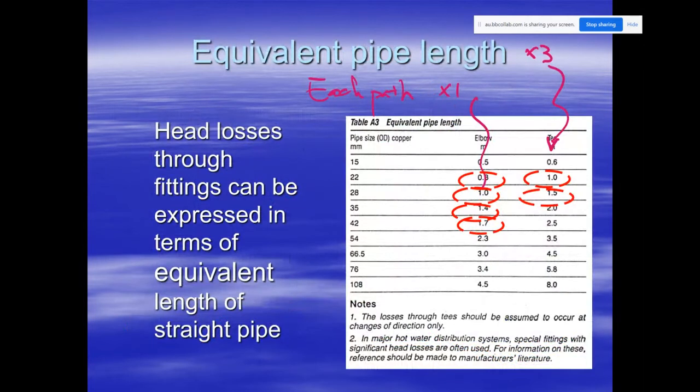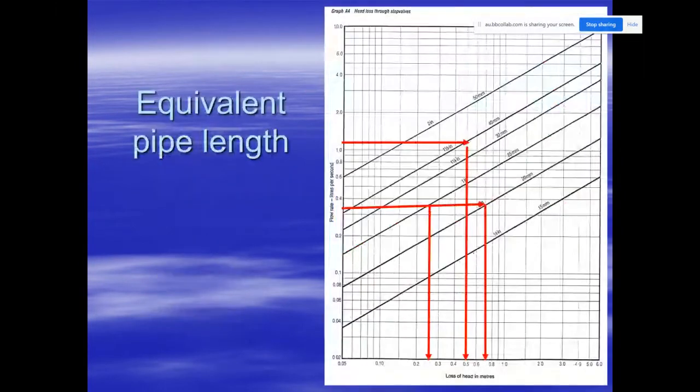Now, if you are familiar with the equivalent pipe length, I don't want to reiterate the details. With different pipe diameters, you can find out the equivalent pipe length. You can try something by yourself, but this is what I propose.